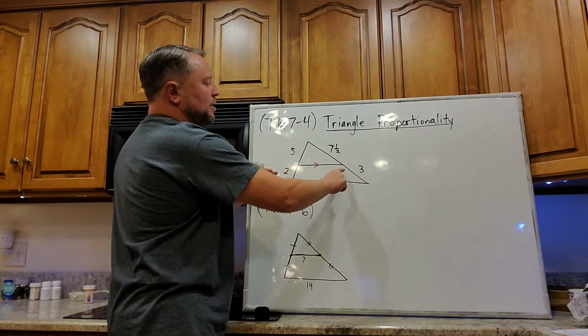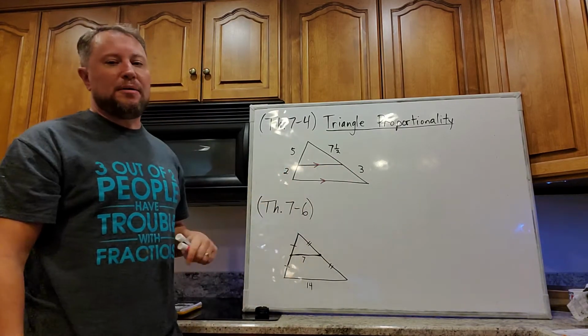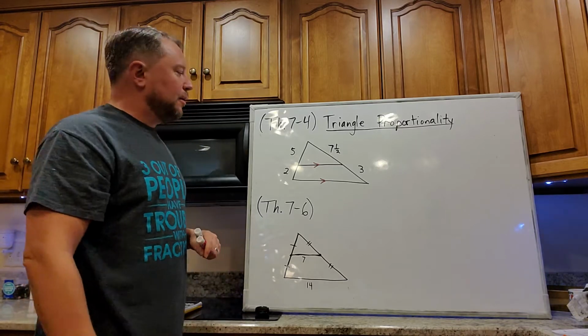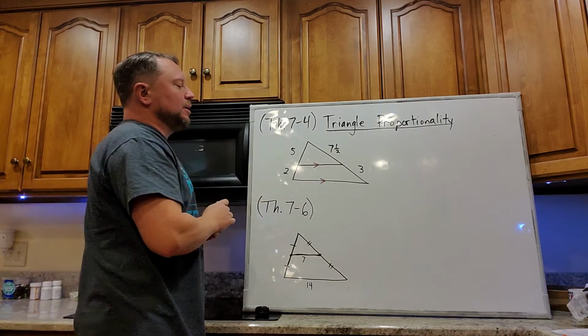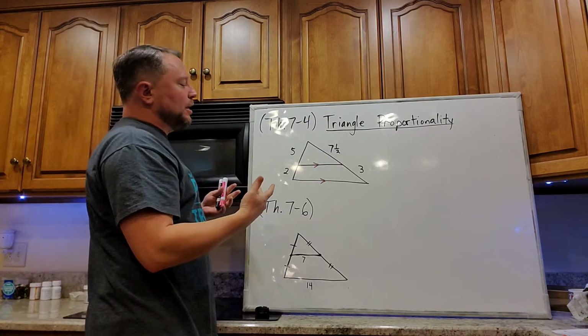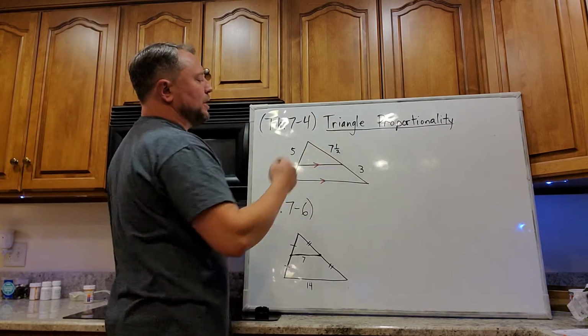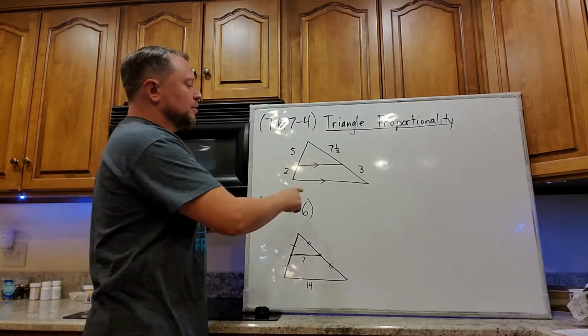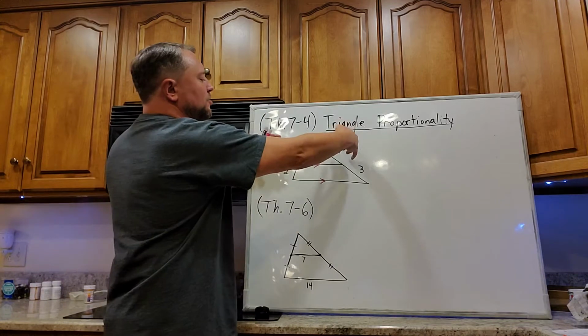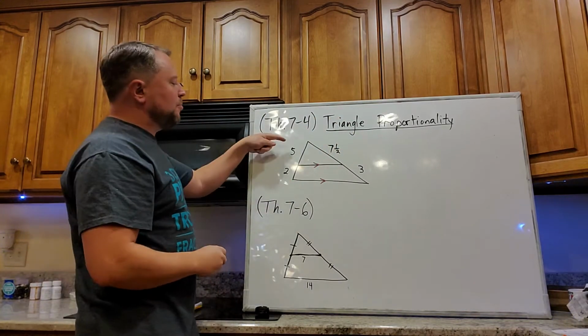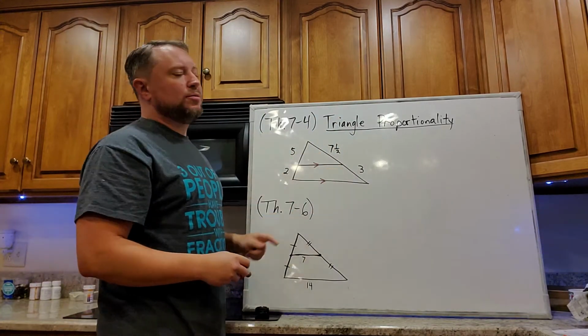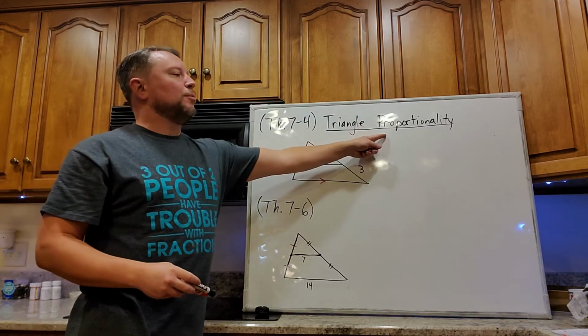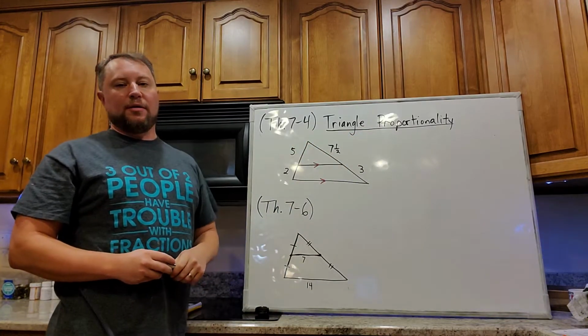We run a segment parallel to, say, this bottom side. What it does is the other two sides of that triangle, not the one it was parallel to, are cut up into parts, and those parts will be proportional to one another.